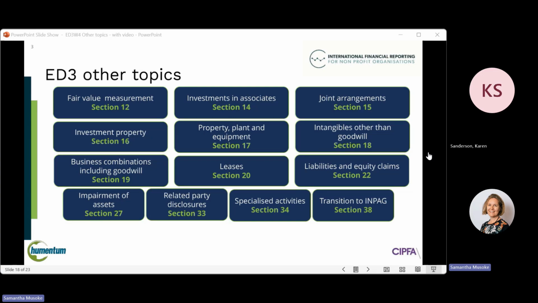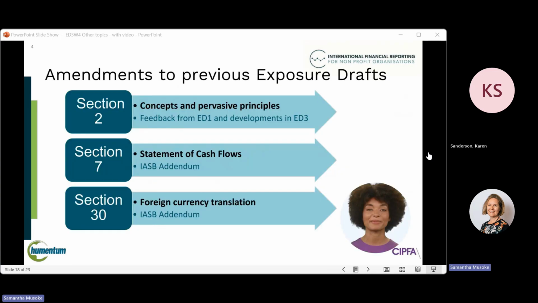ED3 also includes important guidance about the transition to INPAG. We are also sharing updates to previously published sections where there have been amendments to take account of feedback on ED1 and decisions made during the development of ED3. ED3 also includes additional draft guidance recently published by the International Accounting Standards Board.